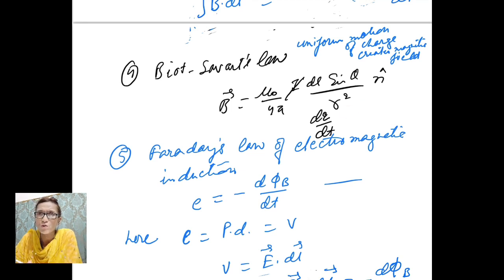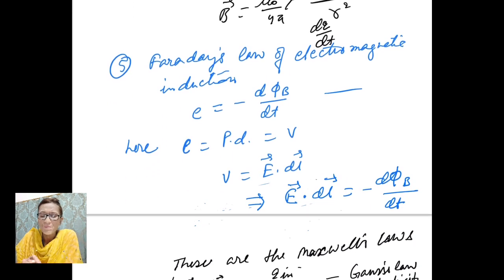So it also suggests that when charges flow with uniform velocity, it creates magnetic field. So till now you could know that stationary charge creates electric field, and moving charge, moving with uniform velocity, creates magnetic field.